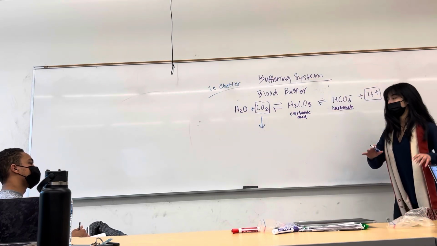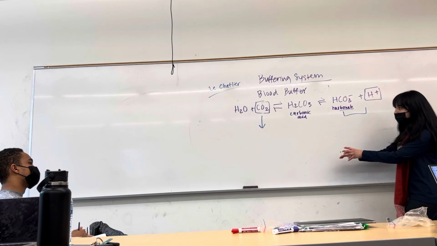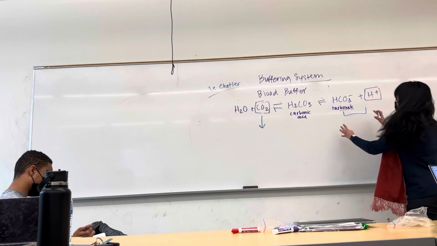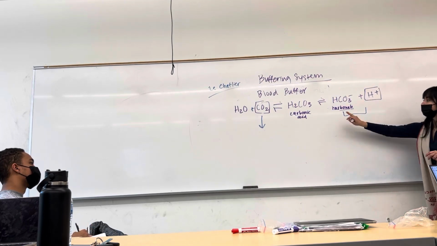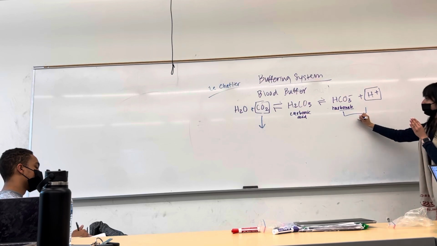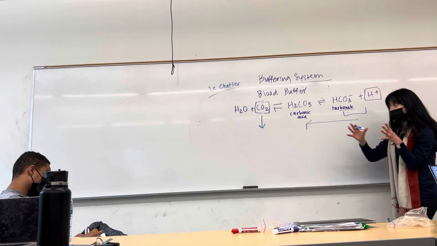So, bear with me. These two are gonna combine, okay? Because if something's too low, you wanna make more of it, right? Well, if I have these already in my blood, carbonate and H+, they're gonna combine together to push back to carbonic acid. They're trying to make CO2.